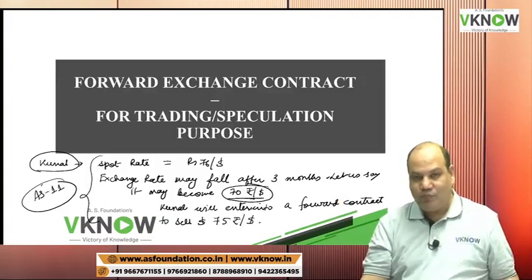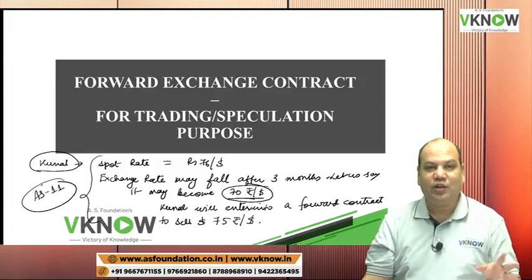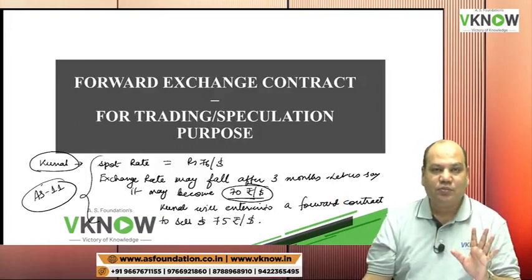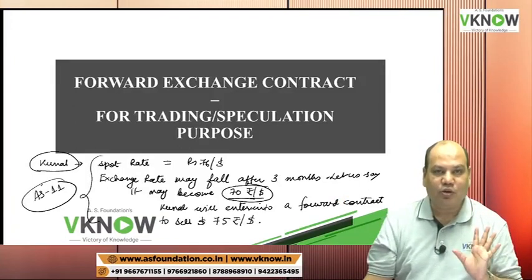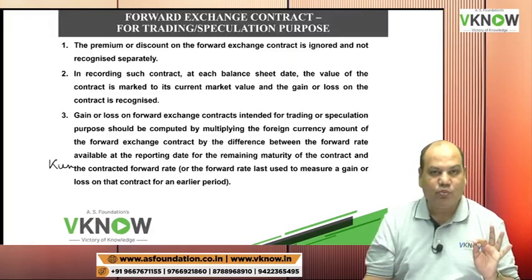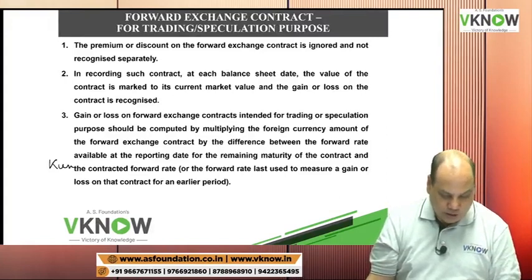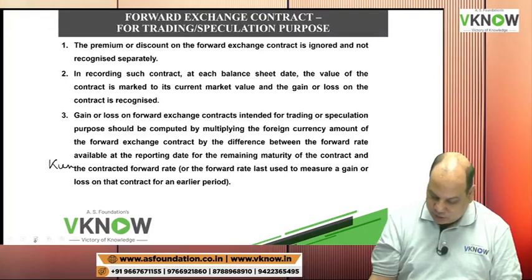So therefore, every time the exchange rate will change, you have to see what is your gain or loss and record it. With every movement in exchange rate, you will calculate your gain or loss and record it.